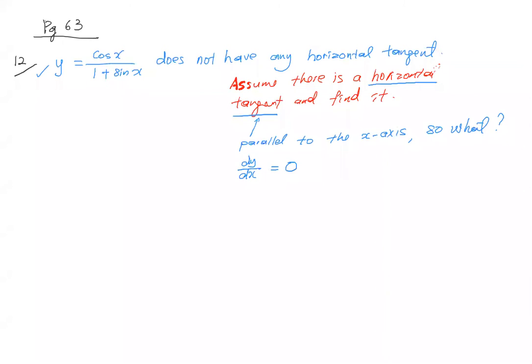By knowing that horizontal tangent is parallel to x-axis, it doesn't help us, so we have to interpret further. We just learned the quotient rule just now. So your u is cos x. Your v is 1 plus sin x.